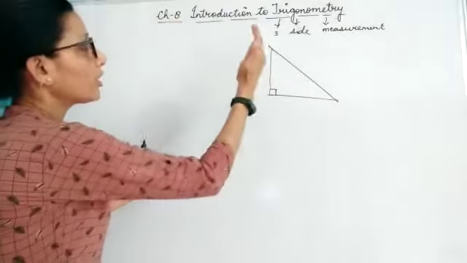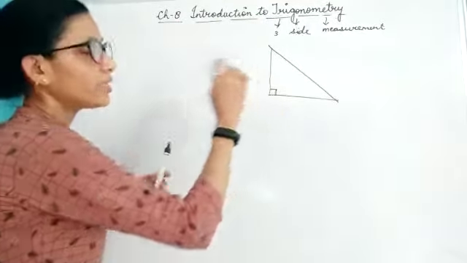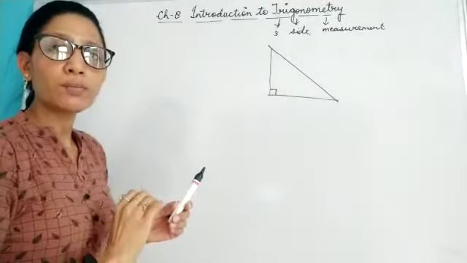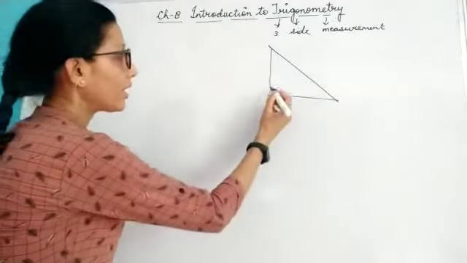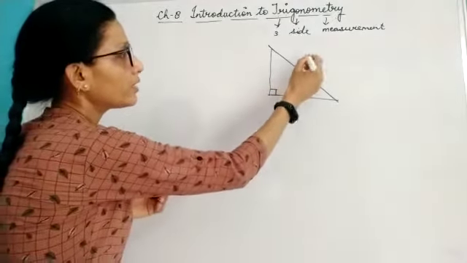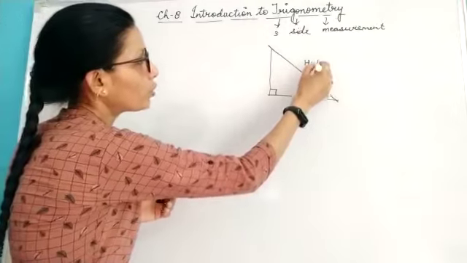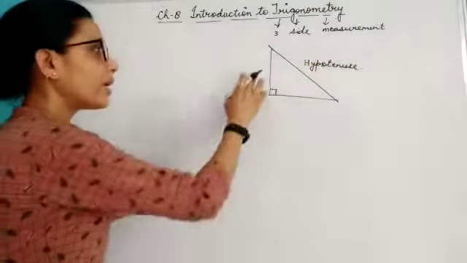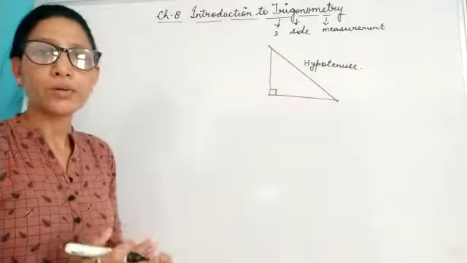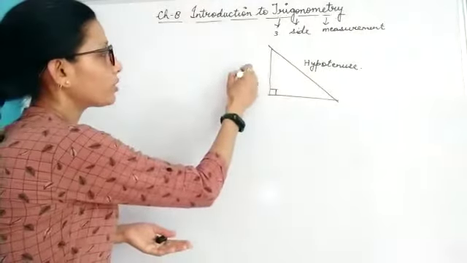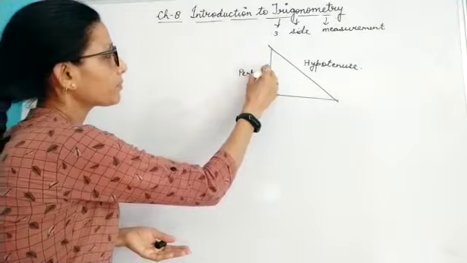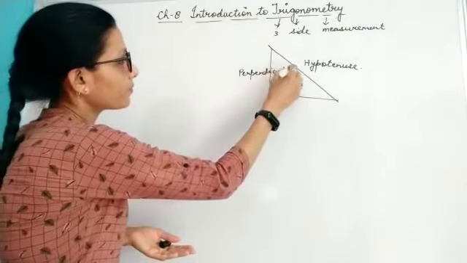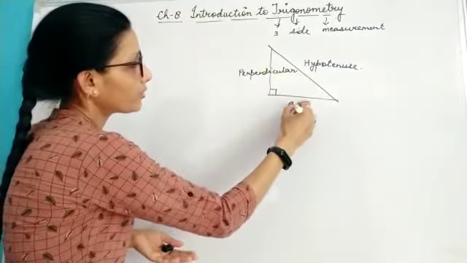Okay, so here this is your 90 degree, and you know the concept from your previous classes that opposite to 90 degree is your hypotenuse, and the other two can be taken as perpendicular and base. So let's suppose this is your perpendicular height and this is your base.